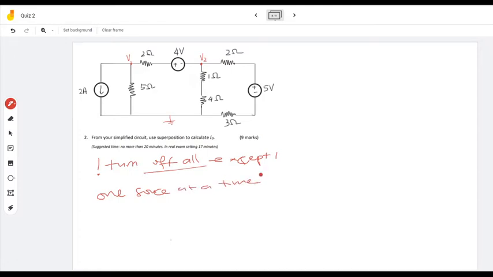There's one student who did 2 circuits. In one, they turned off the current, and in the other, they turned off the 2 voltages. So he got 1 circuit that is correct, representing the current, and then for the other circuit, he or she drew this.